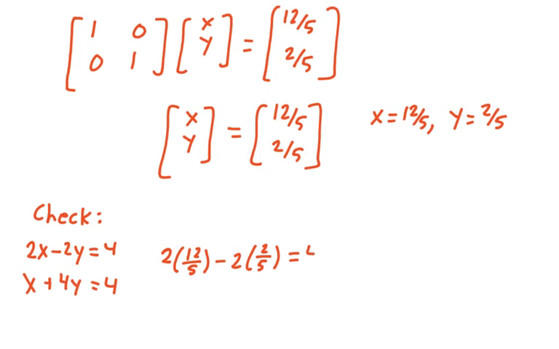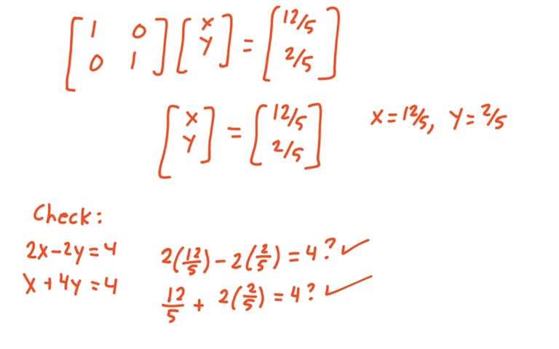And does that equal 4? Well, I'd say the answer is yes. And then if I take 12/5 plus 2 times 2/5, does that equal 4? The answer is yes, right? Absolutely.